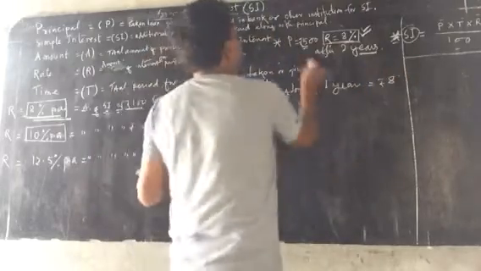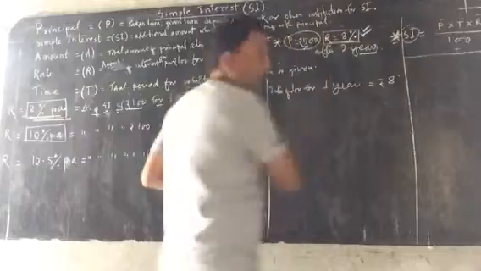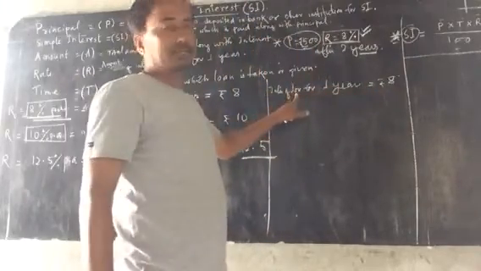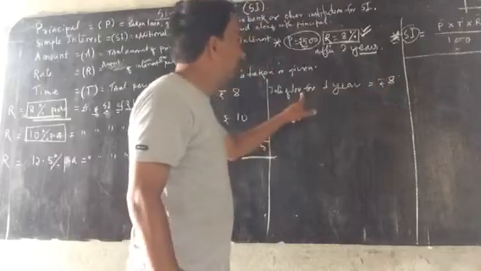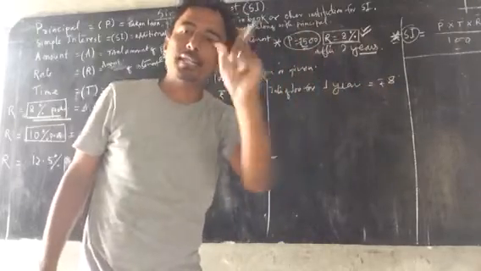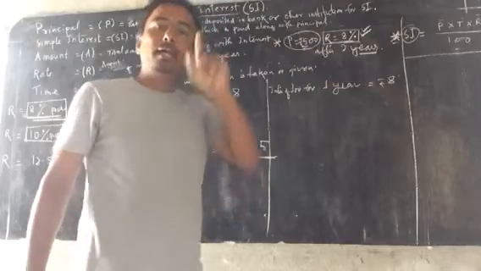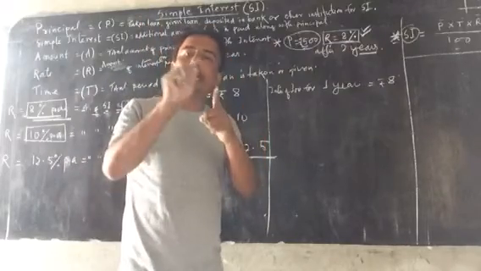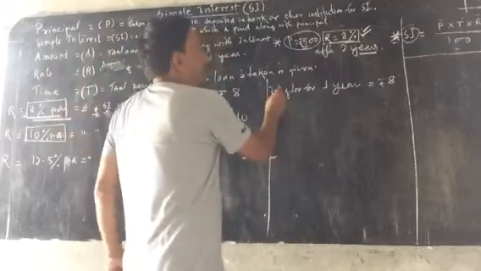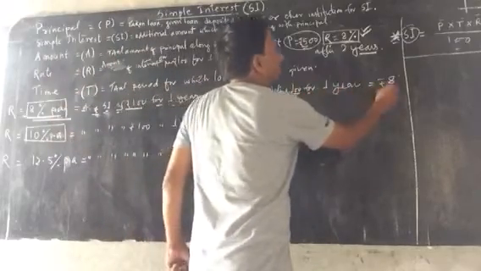Now you have to calculate the interest of 500. Okay, 8% per annum means interest of 100 is 8 rupees for 1 year.